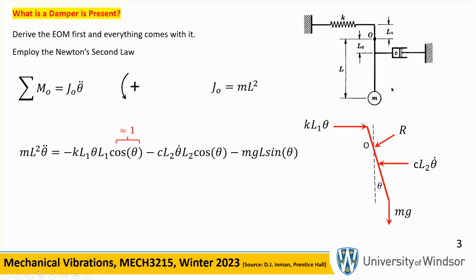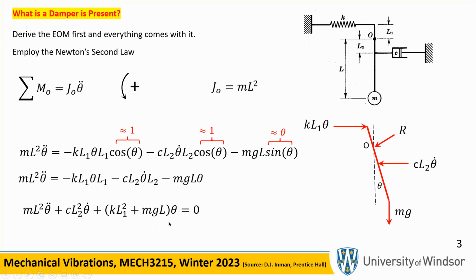But we know that this course is about linear vibration, and cosine of theta is approximately equal to 1, and sine of theta is approximately theta. Okay, so if you write these things down, this is what you're going to get.